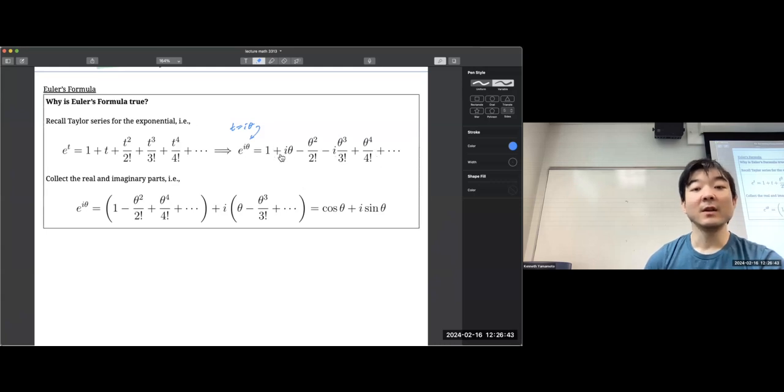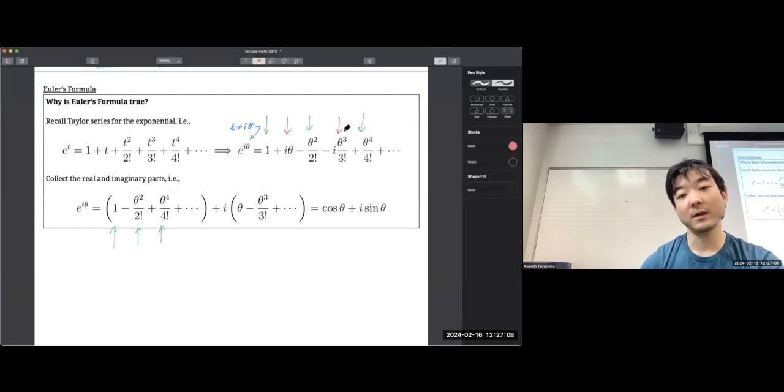And so that's the Taylor expansion for e to the i theta using the Taylor expansion of e raised to the t. And then you can try to take terms like, for instance, this term is 1, and then you have this term, and then this term, and I'm just going to write those here. And then you can do the red terms, which are this one and this one.